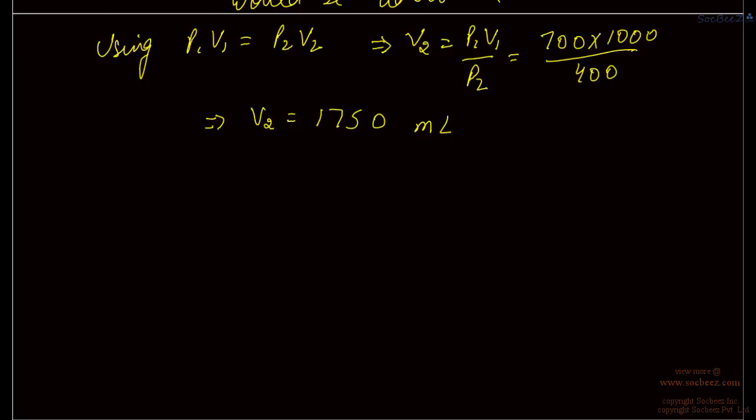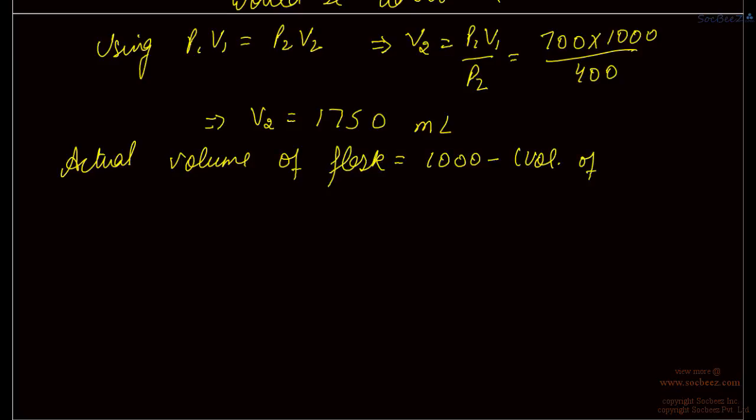Now, the actual volume of flask is 1000 minus the volume of charcoal. The volume of charcoal here is 6 upon 1.5, because the weight is 6 gram and the density is 1.5 gram per centimeter cube.